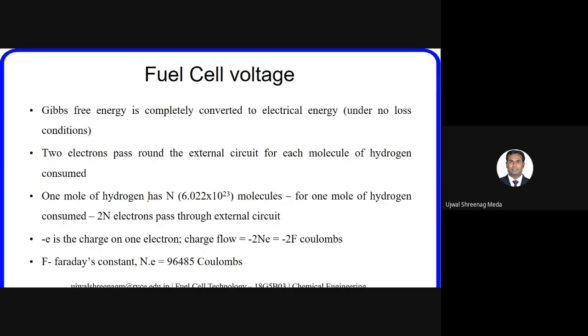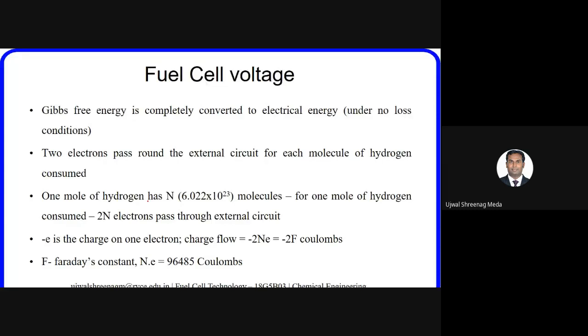Okay, so now let us assume that this delta Gf is completely converted to electrical energy. This is an ideal situation, and it is known as under no loss conditions. In such a case, for every molecule of fuel that is consumed, in particular hydrogen, 2 electrons are generated, and these 2 electrons pass through the external circuit.